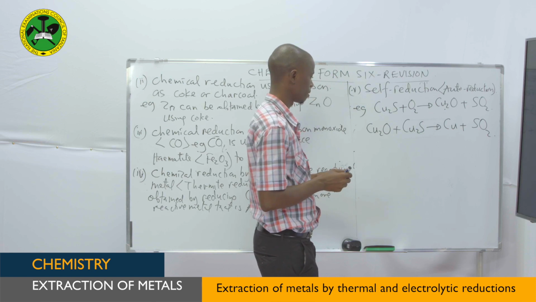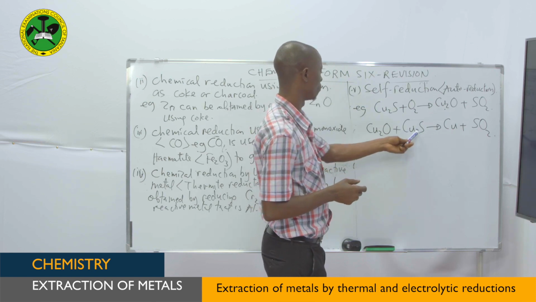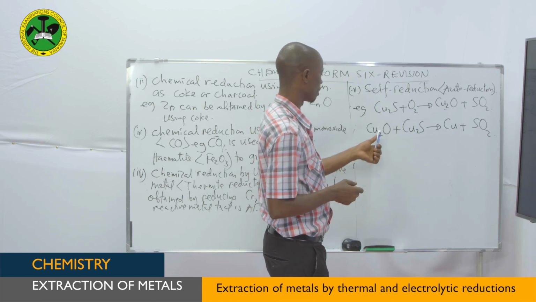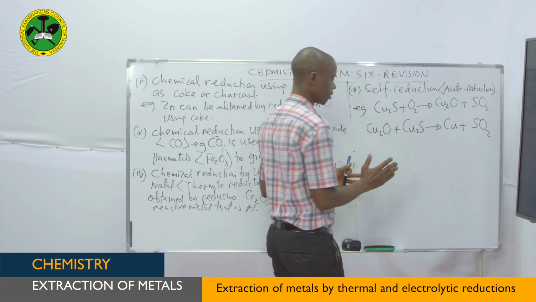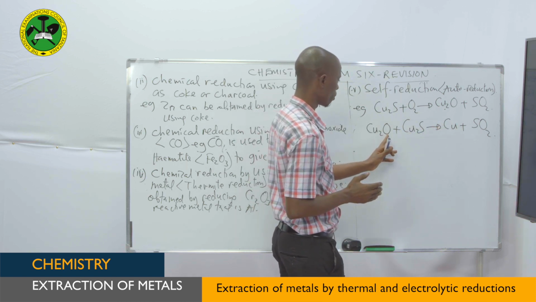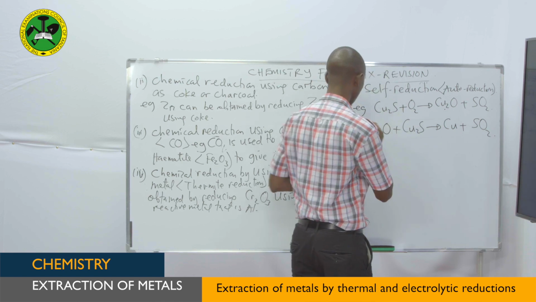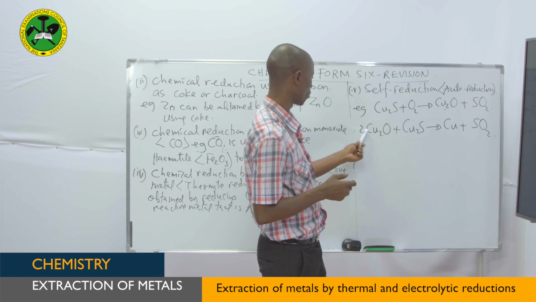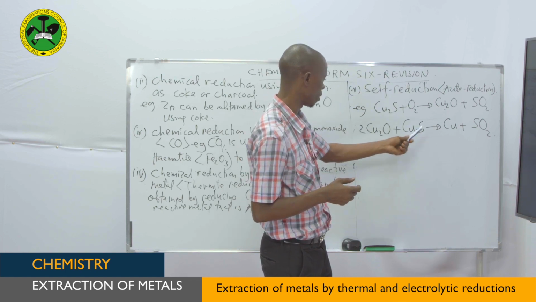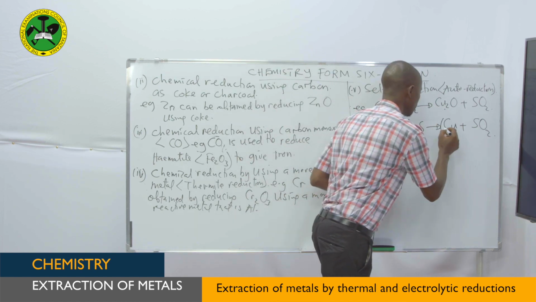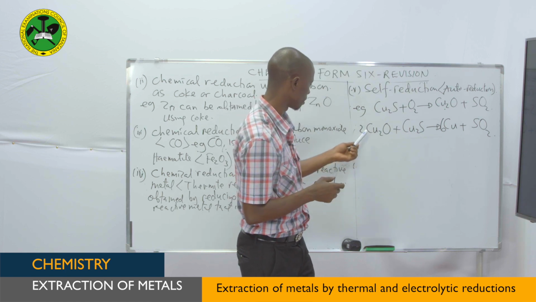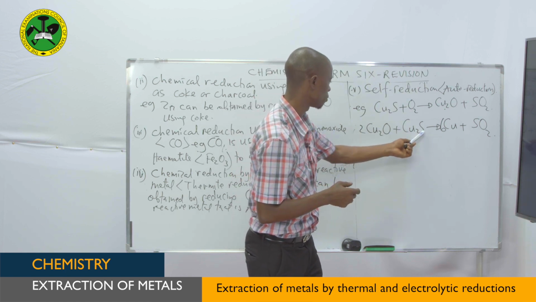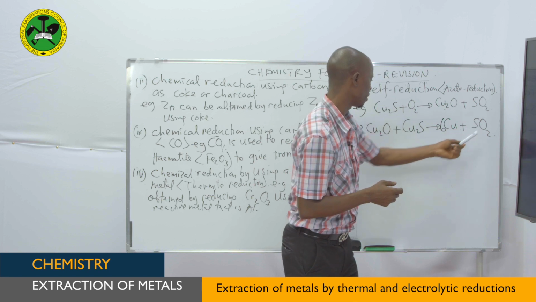From here you can balance. Here we have 4 copper, but for the case here we have 1 copper. Here we have 1 oxygen, we have 2 oxygen, so you put 2 there. So we are going to have 4 copper, and this one you are going to get 6. The sulfur here is 1, and there is 1.